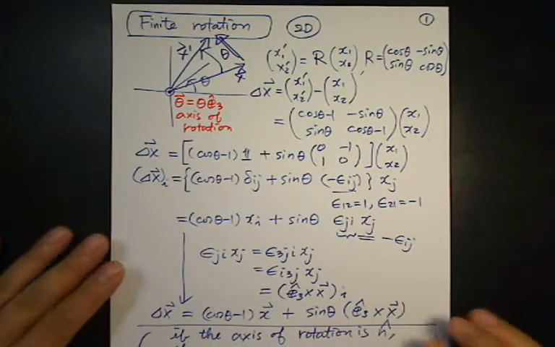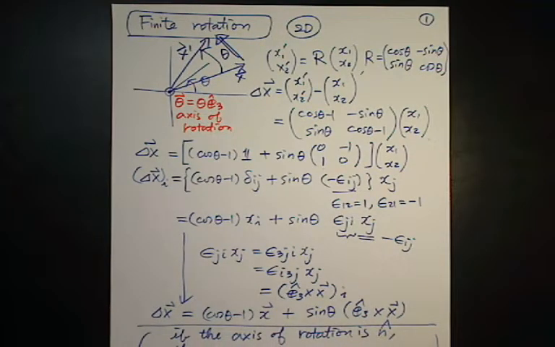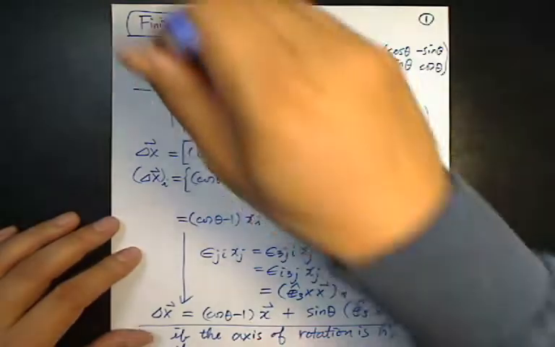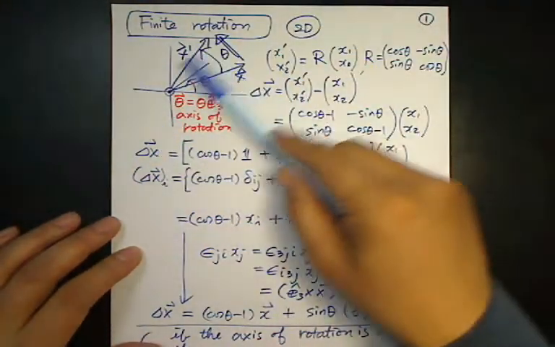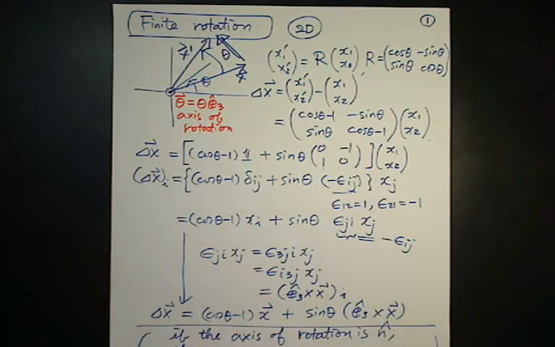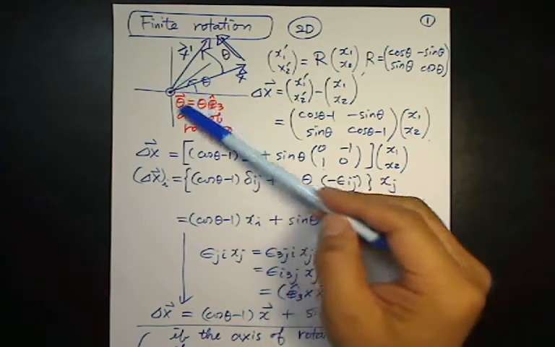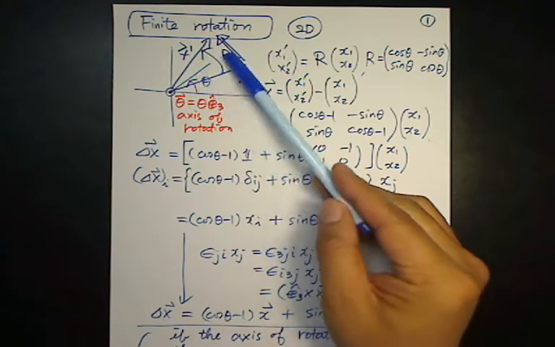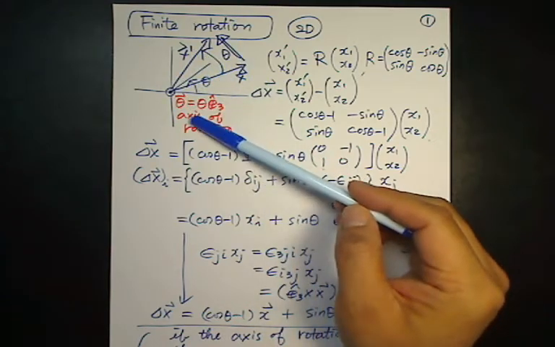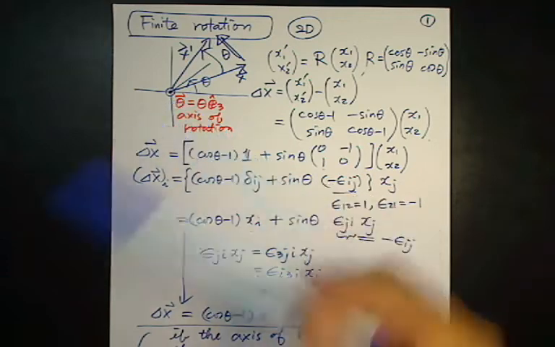Consider a finite rotation of a vector about the z-axis. This vector is on the xy plane, so this vector and the transformed vector, due to the rotation, are all on the xy plane, perpendicular to the axis of rotation.